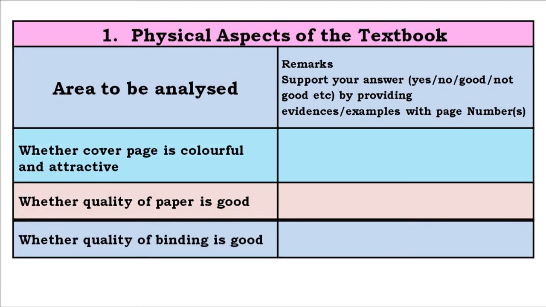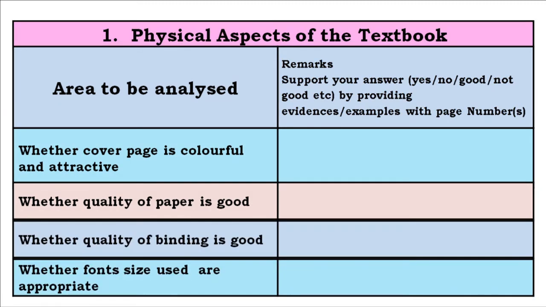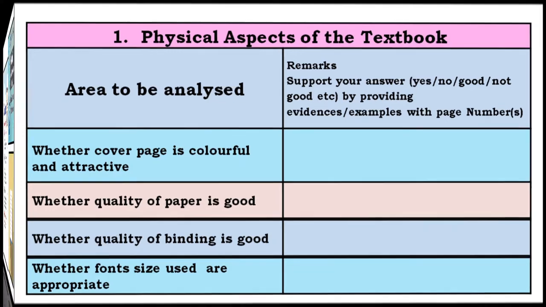Whether the quality of binding is good, whether the font size used is appropriate, etc. So in turn, we will have to write down a remark in the remark column to support our answer, like yes or no, good or not good, etc., by providing evidence or examples with page numbers.